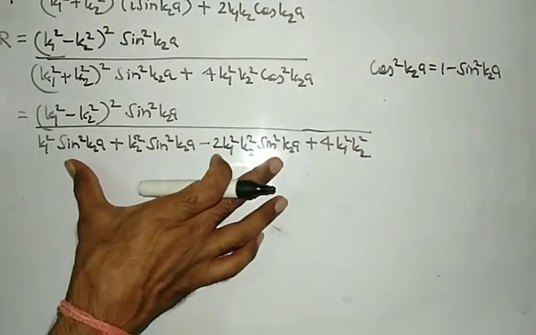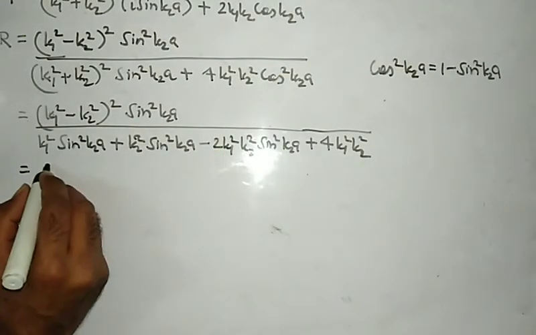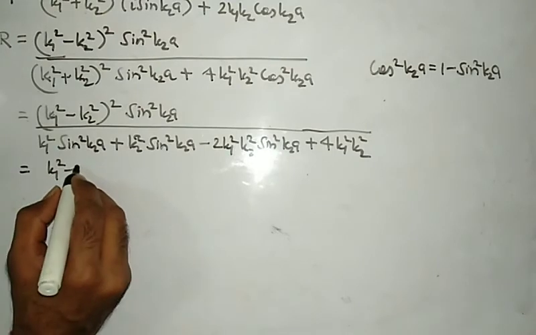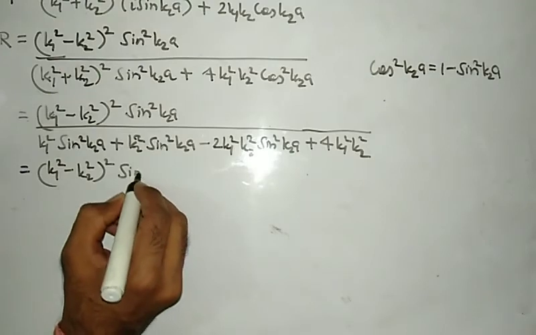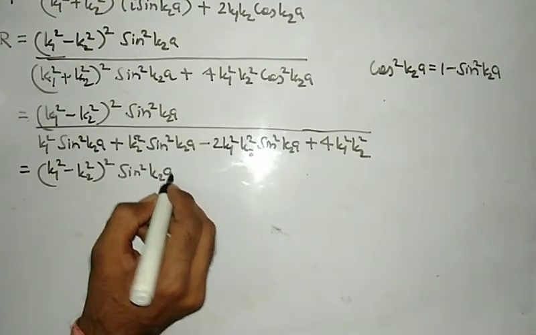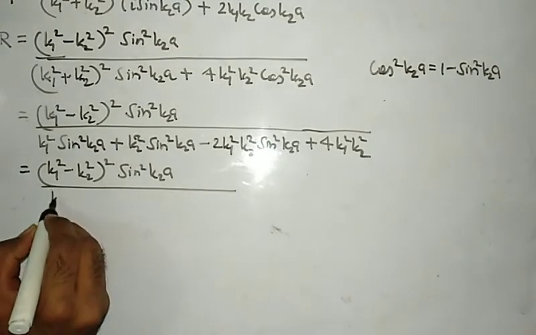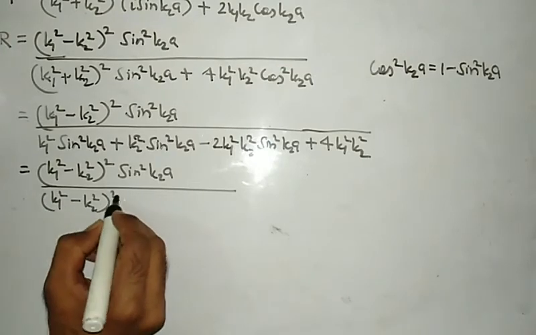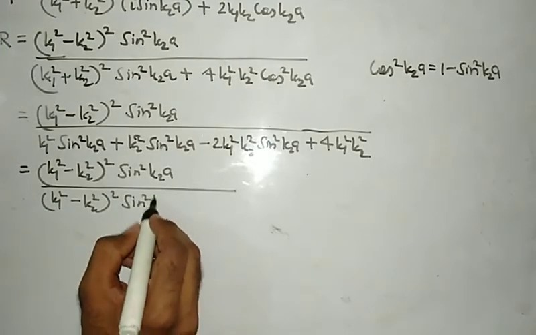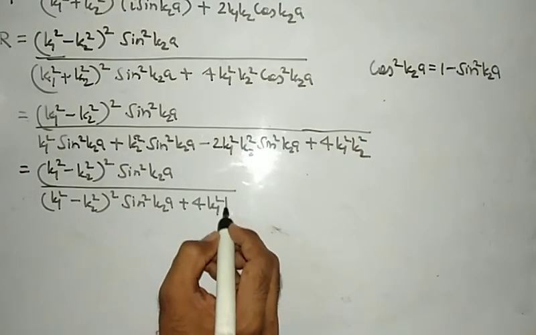Okay, now this term will be k1 square minus k2 square whole square sin square k2a by k1 square minus k2 square whole square sin square k2a plus 4 k1 square k2 square.